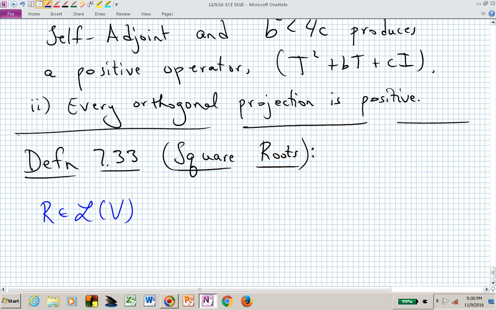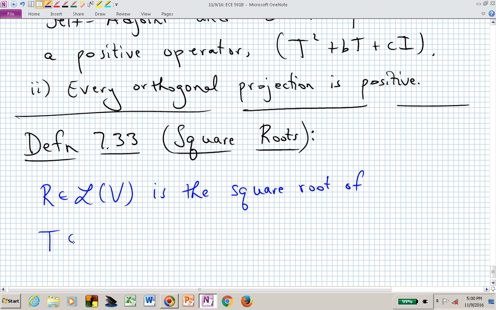The linear operator R on a vector space V is the square root of T if R squared is equal to T.